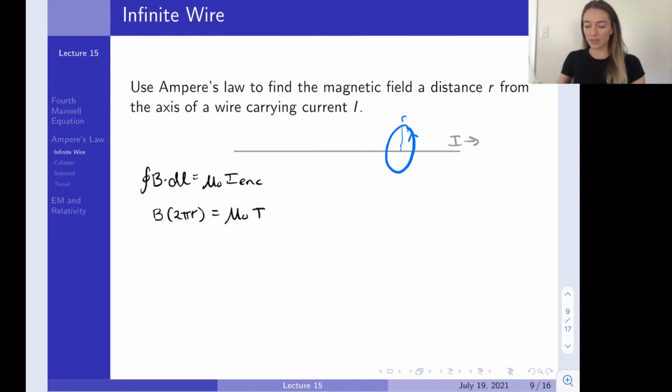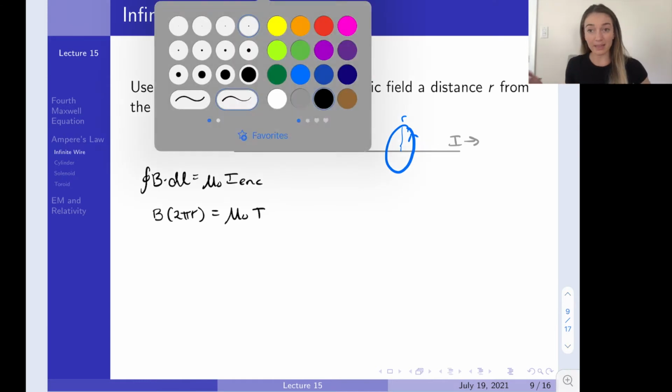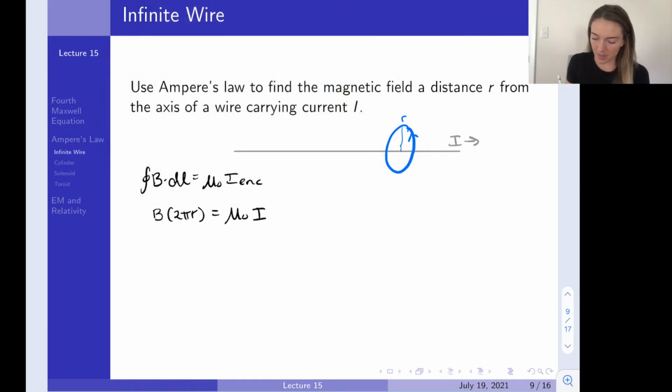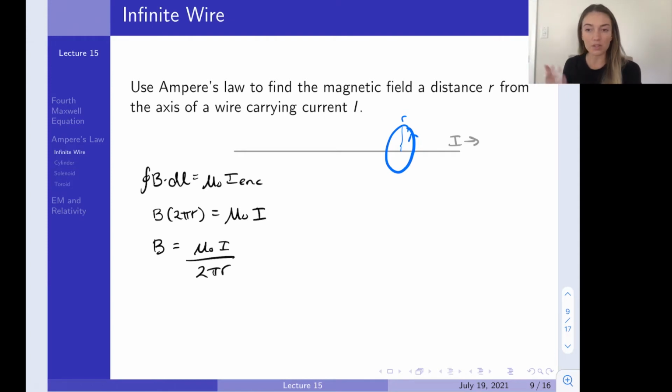So now I can solve for my magnetic field, and I get B is equal to mu naught I over 2 pi r. And that's it. That's what we got when we did it the long way with the integral. Then we just have to use the right-hand rule to find the direction.